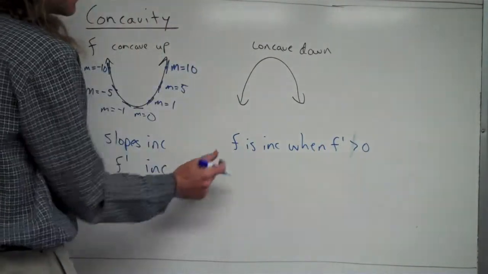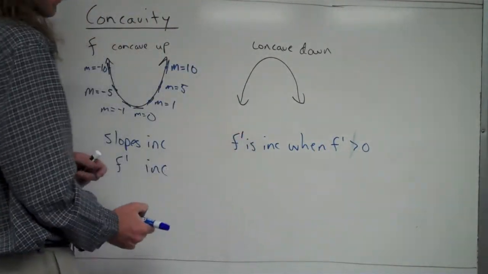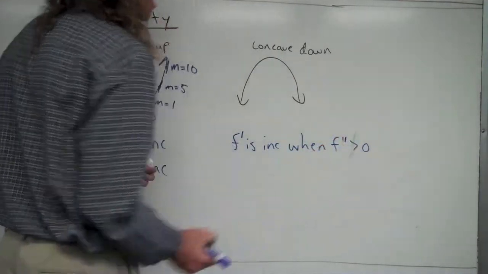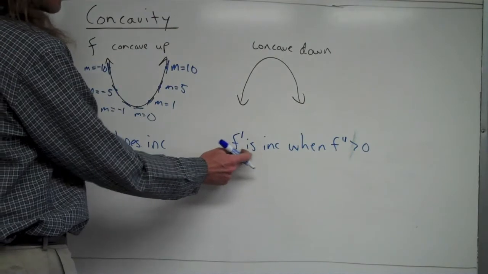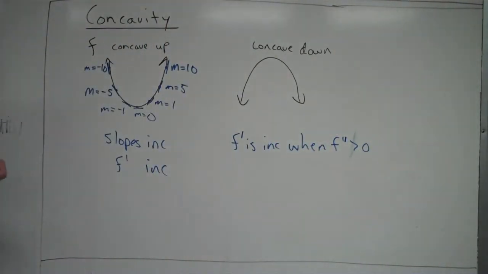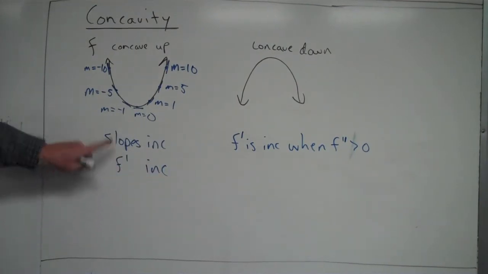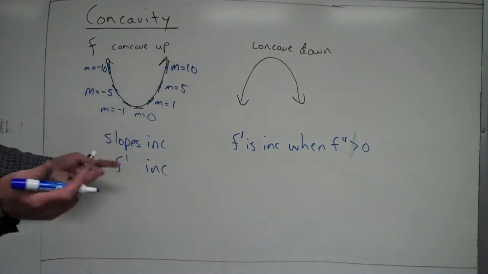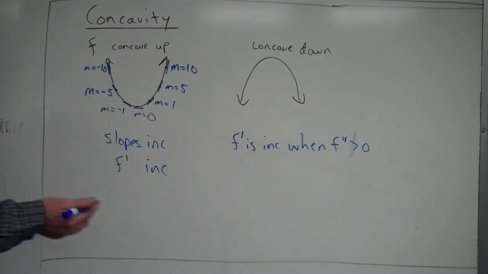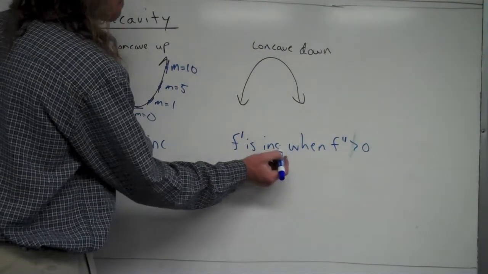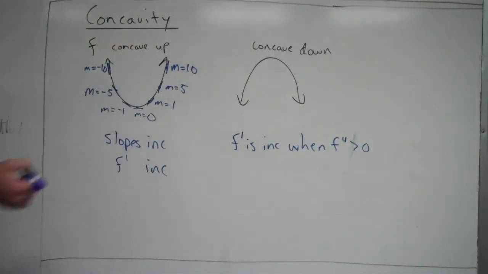So let's just say, for instance, f prime is increasing when, well, the derivative of f prime would be f double prime. So it's true that f prime is increasing when f double prime is greater than 0. So going back to this, if I have a concave up graph, I've just discovered that on a concave up graph, f prime is increasing, meaning the derivative is increasing. So therefore, since f prime is increasing, I know that f double prime is greater than 0.